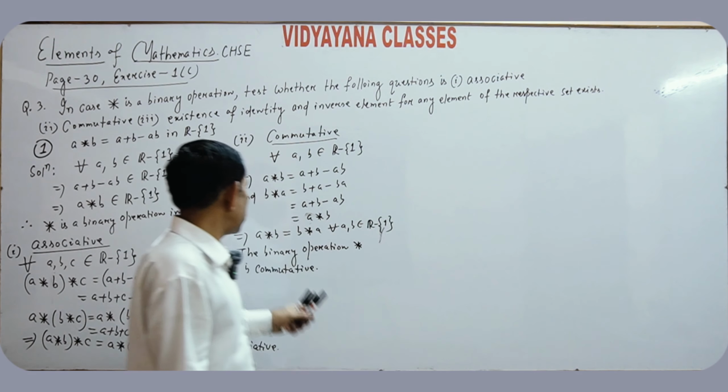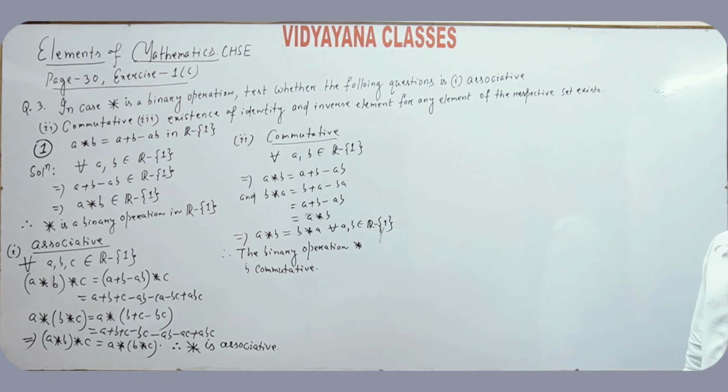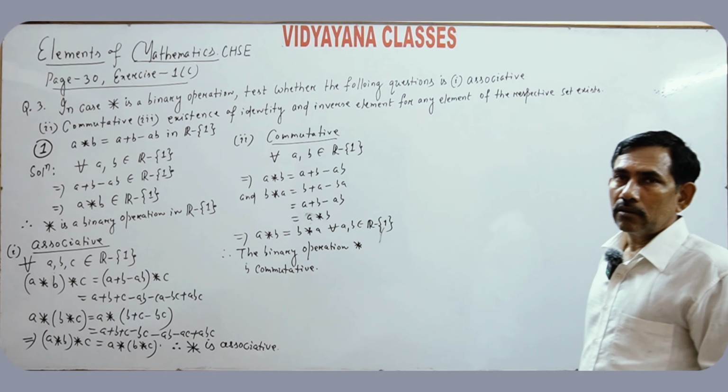Clear? Since A star B is equal to B star A, the binary operation star is commutative.